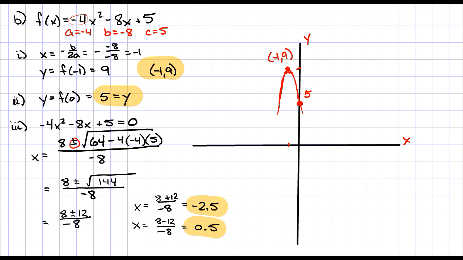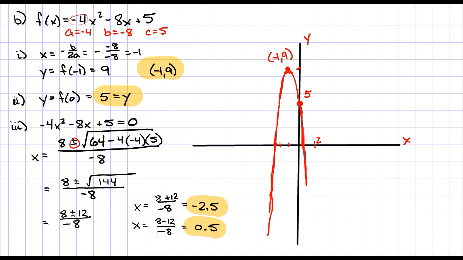And so plotting those, x equals 0.5 is going to be right here. Because remember, this is 2, so it's going to be kind of a quarter of the way through that block. And minus 2.5, this is minus 2, so minus 2.5 will be right around here. Okay, so connecting up the dots, I get something like that.